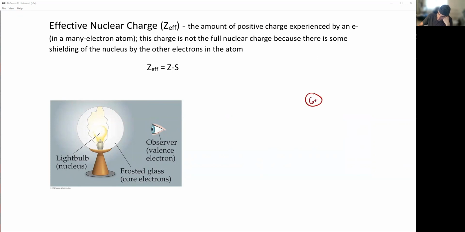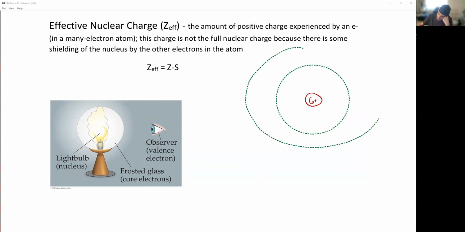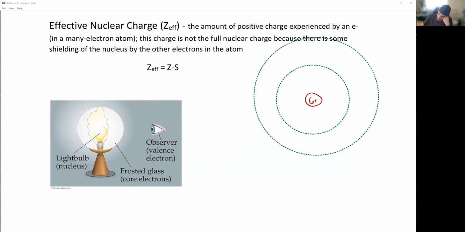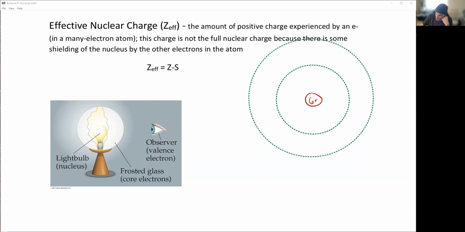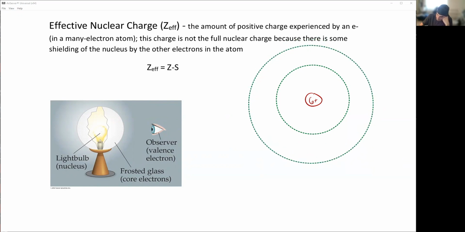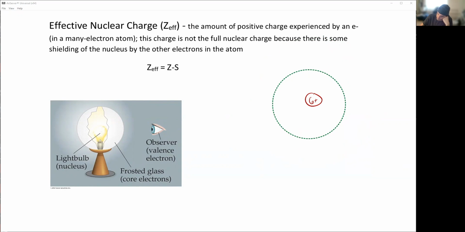So I have a 6+ charge. And now I have electrons. I know we talked about the Bohr atom not really being a thing, but we're going to use it. I have electrons that are around the outside. So this is my n equals 1, and this is my n equals 2. I have electrons around the outside. I put one more.